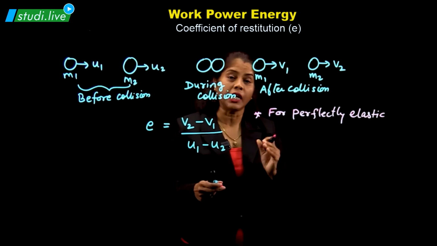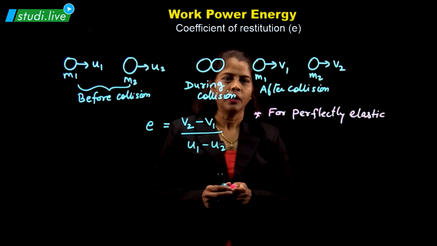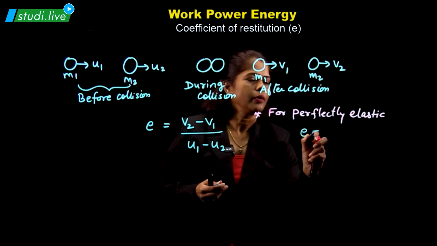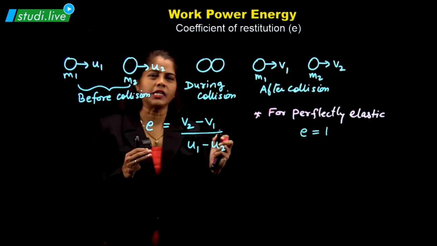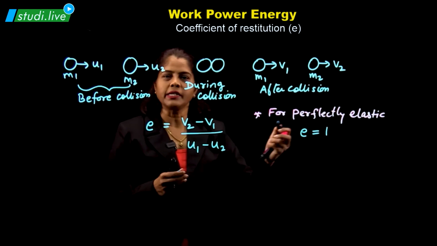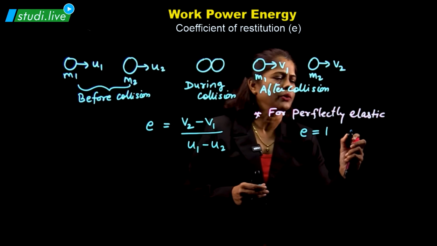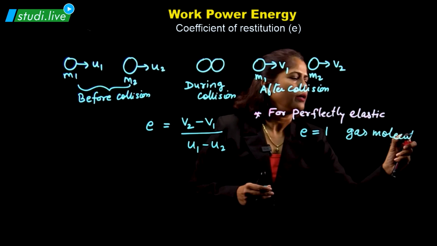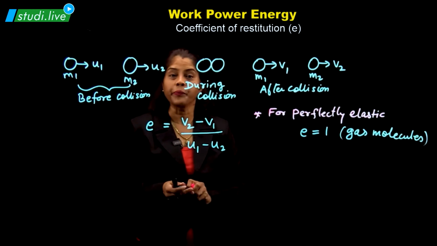For a perfectly elastic collision, students, the coefficient of restitution e is equal to 1. This is the condition. The best example of perfectly elastic collision is gas molecules. When gas molecules collide, we get perfectly elastic collision.